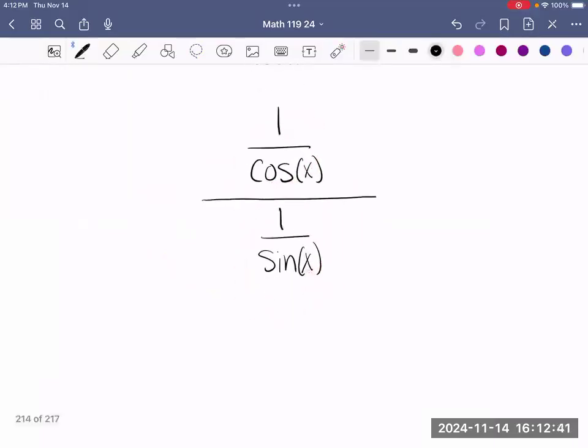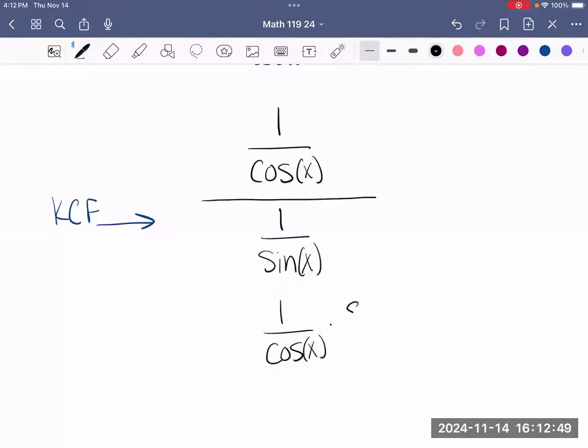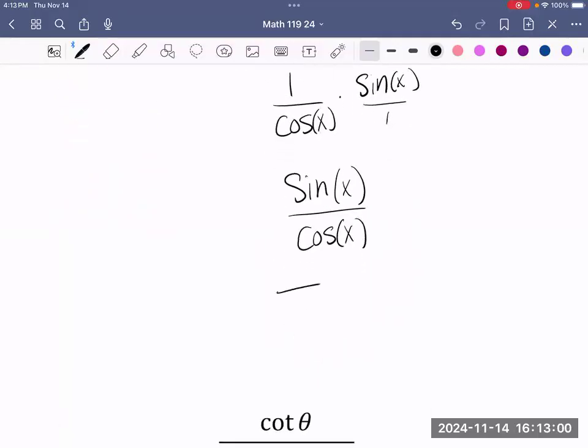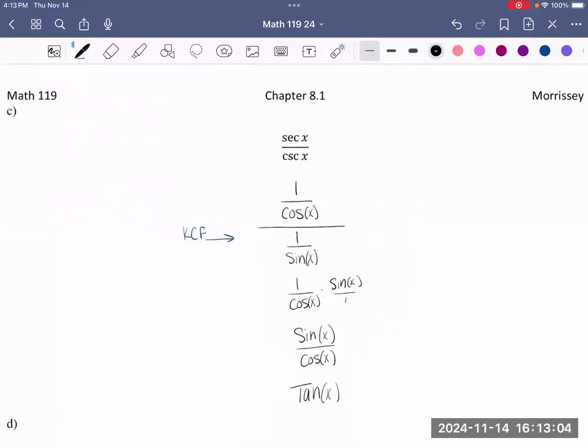So we're going to keep, change, flip. 1 over cosine of x times sine over 1. Combine them. We have sine of x over cosine of x, which can simplify to just tangent of x. So that just means this whole thing to start is reduced into just a tangent of x.